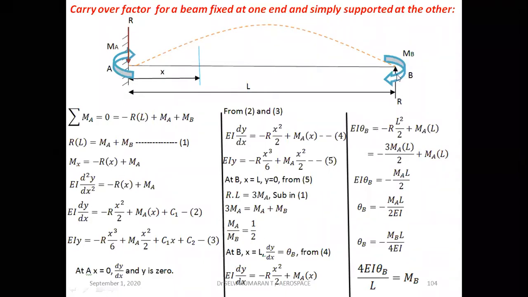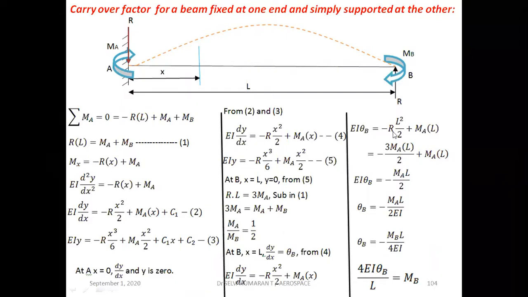At B again, when x is equal to L, slope is nothing but dy by dx, which is theta B. So from equation 4, EI theta B is minus RL square by 2 plus MA into L. R into L is nothing but 3 times MA, substitute here.